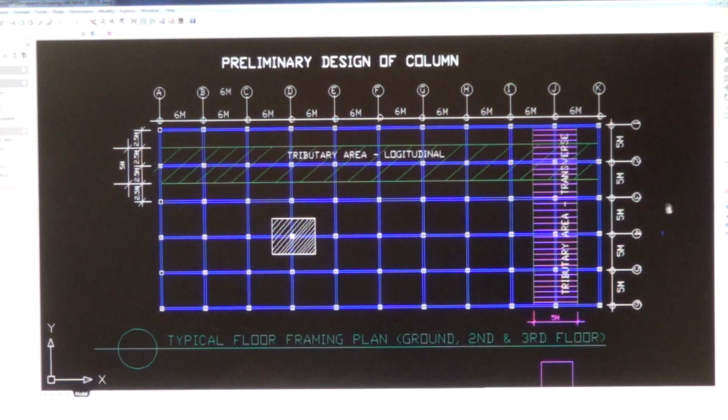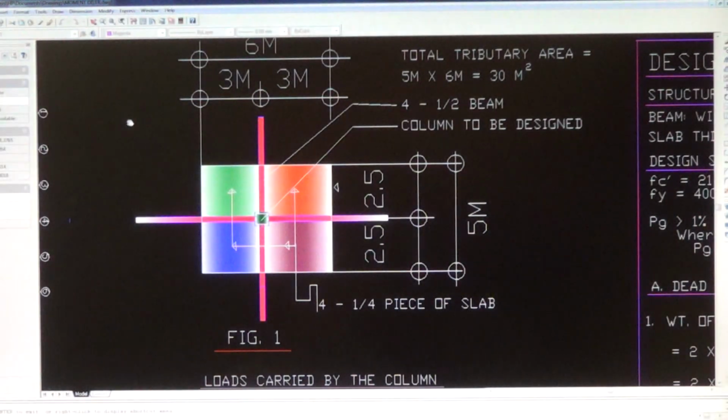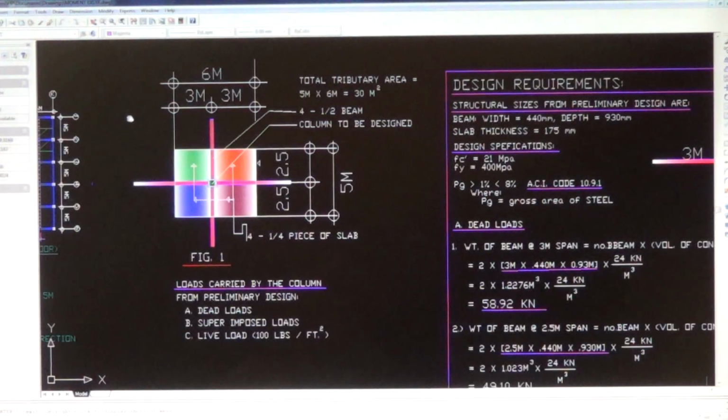Looking at this frame here, all of the interior columns have the same tributary area, so I choose one right here, and then I draw the illustration right over here so we can analyze and design the column.